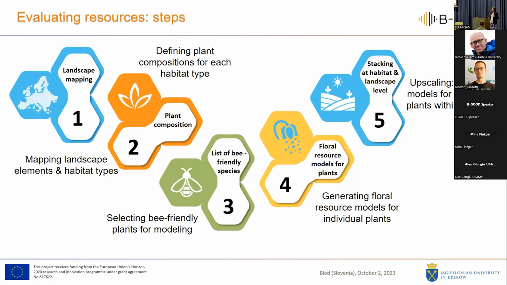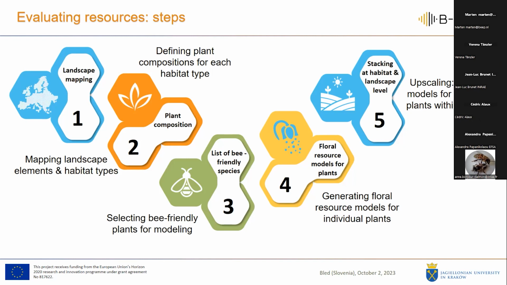So to have a list of different species, but not only a list, we also want to know which are useful for pollinators, especially in this case for honeybees. So which are used, which are not. Then for those which were specifically selected for the further modeling, we first of all generated floral resource models for single plants. And then we scaled that up first at the habitat level and then at the landscape level.